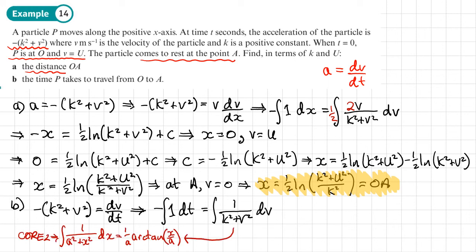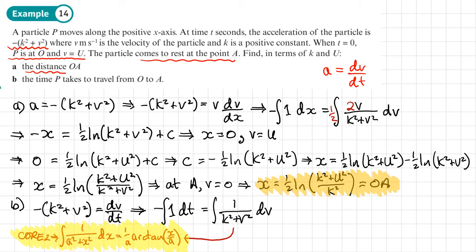Now I reckon this is the part where you may get stuck, because this may not necessarily be an obvious one, but from the Core 2 book we have this result, which is that when you integrate 1 over a constant squared plus x squared with respect to x, it's 1 over a arctan x over a. Now I think it's also used in Pure 2, so I may be incorrect about that, but I've never really seen this question come up much in Pure 2, more in Core 2. Anyway, that's the result we're going to be using.